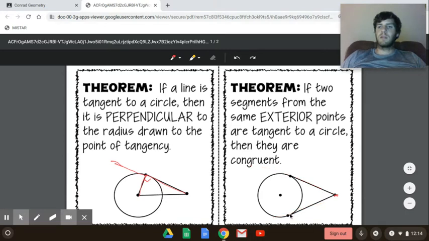We're going to say they're tangent to the circle, and we know they're going to be congruent. They're going to be the same length. So if two lines are tangent and intersect at an exterior point, the segments from the point of tangency to that exterior point are going to be congruent.